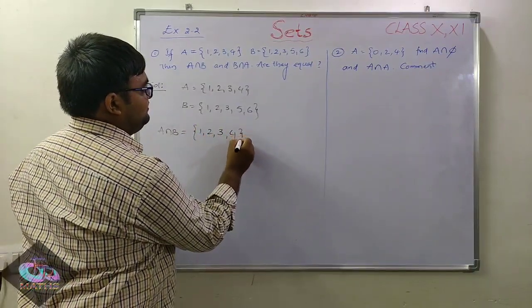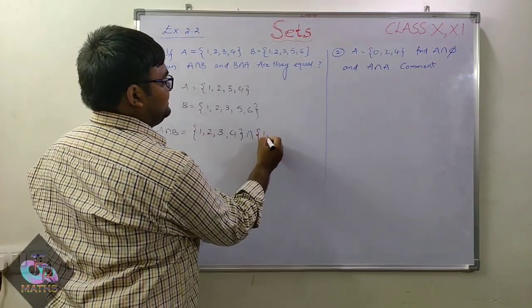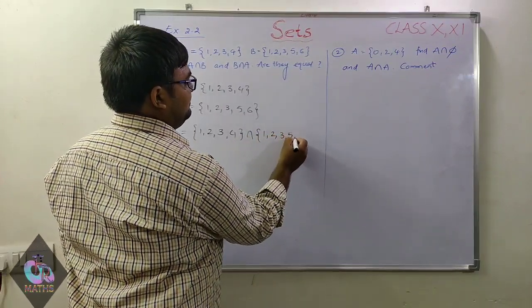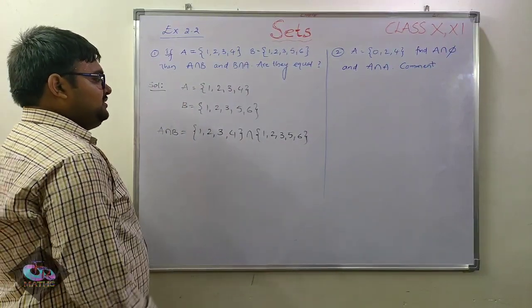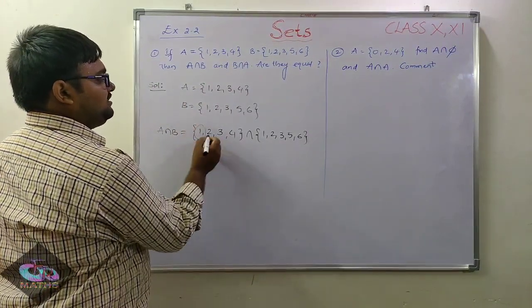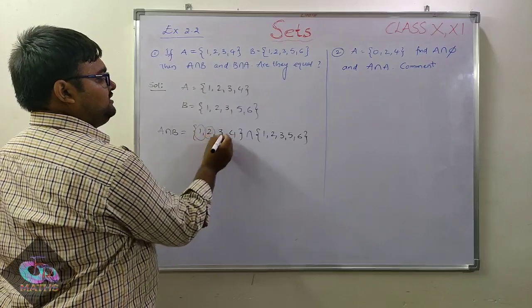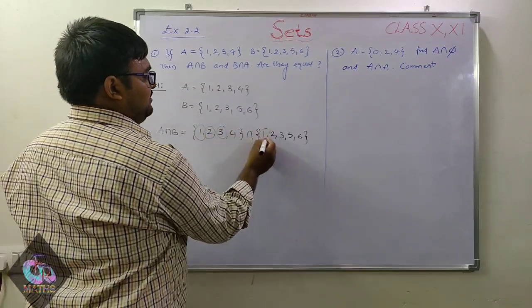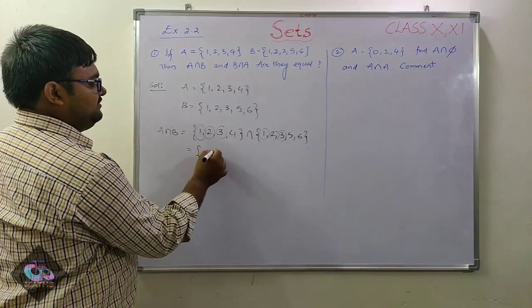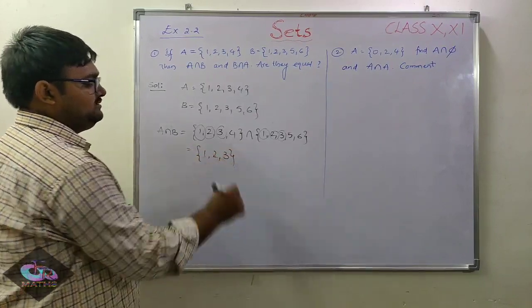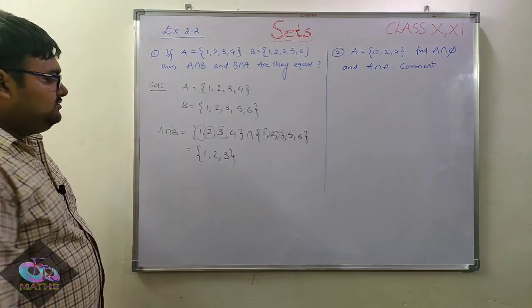The set {1, 2, 3, 4} intersection the set {1, 2, 3, 5, 6}. If you observe the common elements, what are the common elements we have? 1, 2, 3. Then the intersection of A and B is {1, 2, 3}.